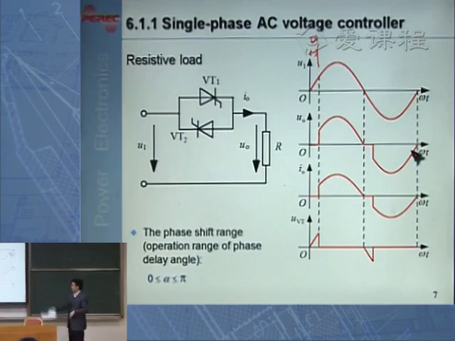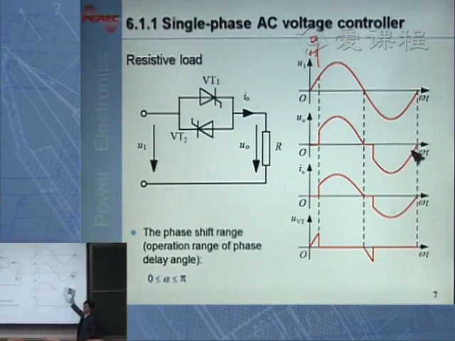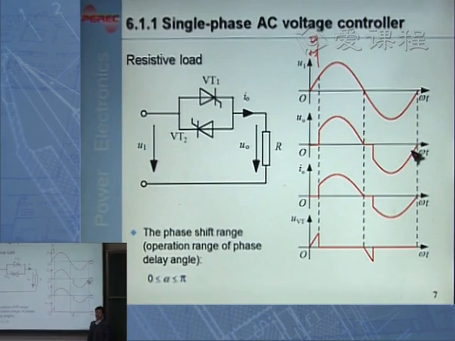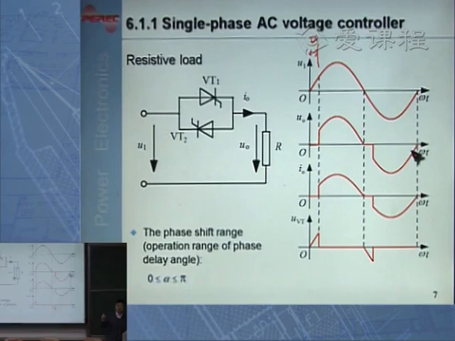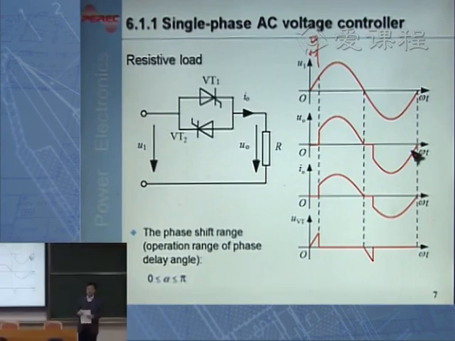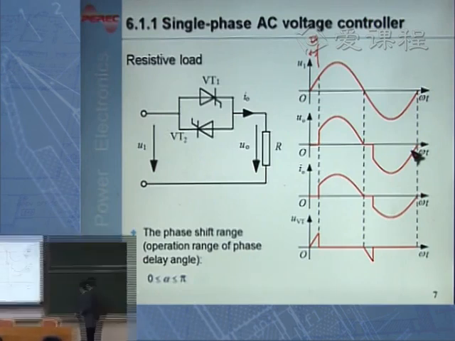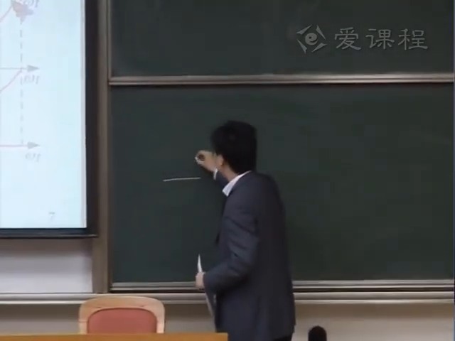But you can always do Fourier series expansion, Fourier analysis on that. Then you will always have a fundamental component, right?